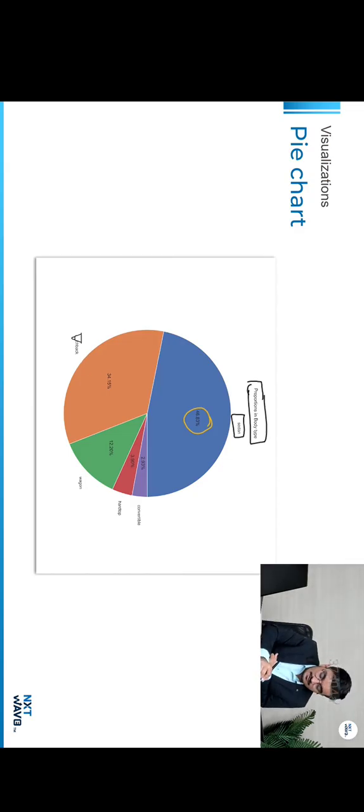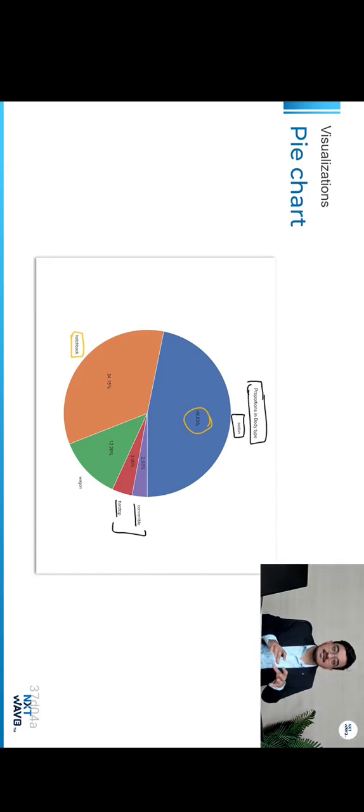We also have 34% of the cars which are hatchback, followed by 12% of wagon, and only a few percent of cars are convertible or hardtop. This way, we can understand how different categories affect our data distribution.